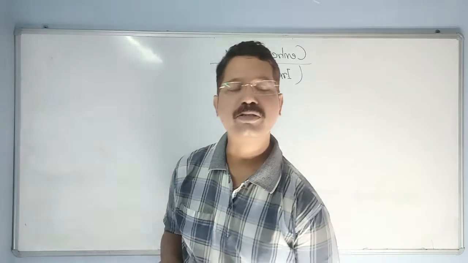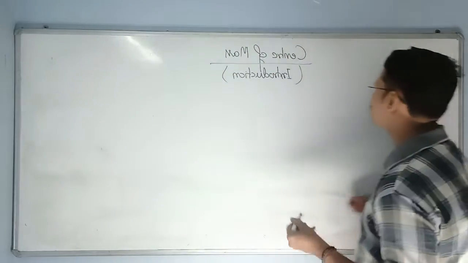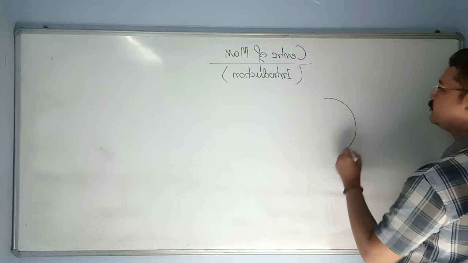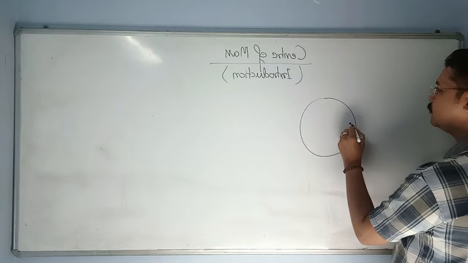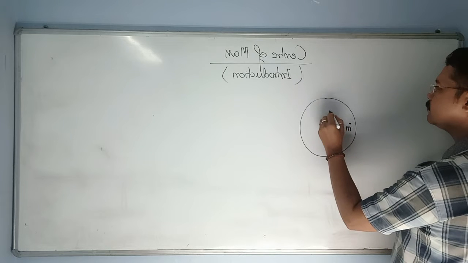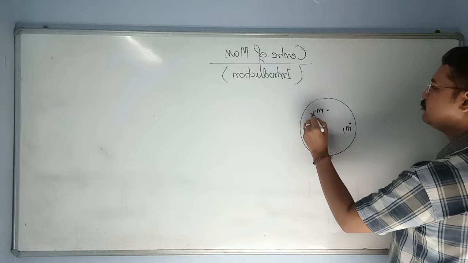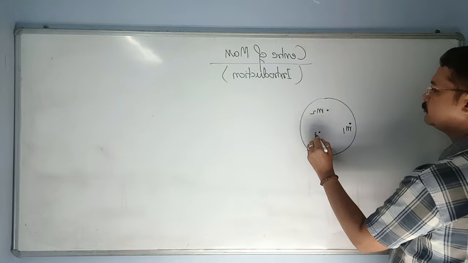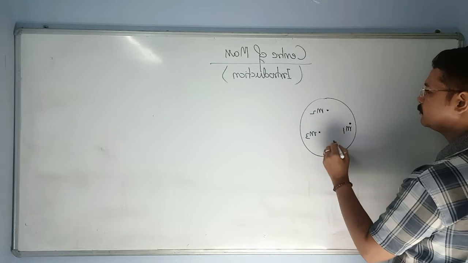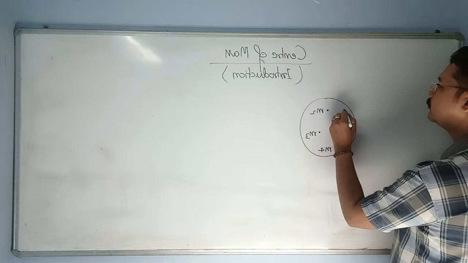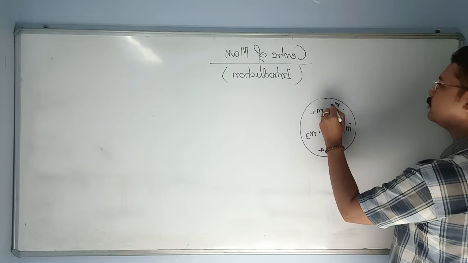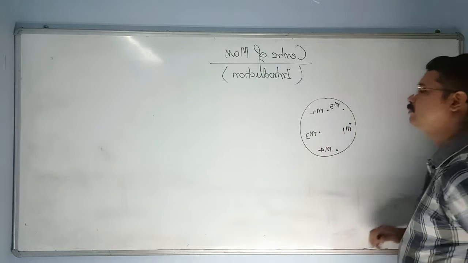In this, consider a body. This is a body and this has m1, m2, m3, m4, and m5. Five masses are here.